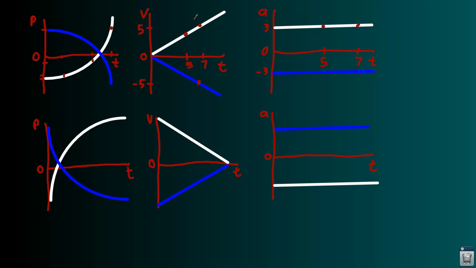The slope of this graph tells you what this graph looks like. That's, in calculus, differentiating. The area under this curve tells you what this graph looks like. The area under this curve tells you what this graph looks like. That's going in the opposite direction. That's called integration. All right?